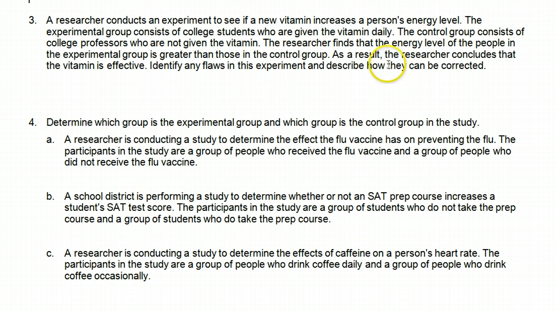So that way you have an equal number of younger and older subjects, and so you could eliminate the bias created by having a younger group compared with an older group.